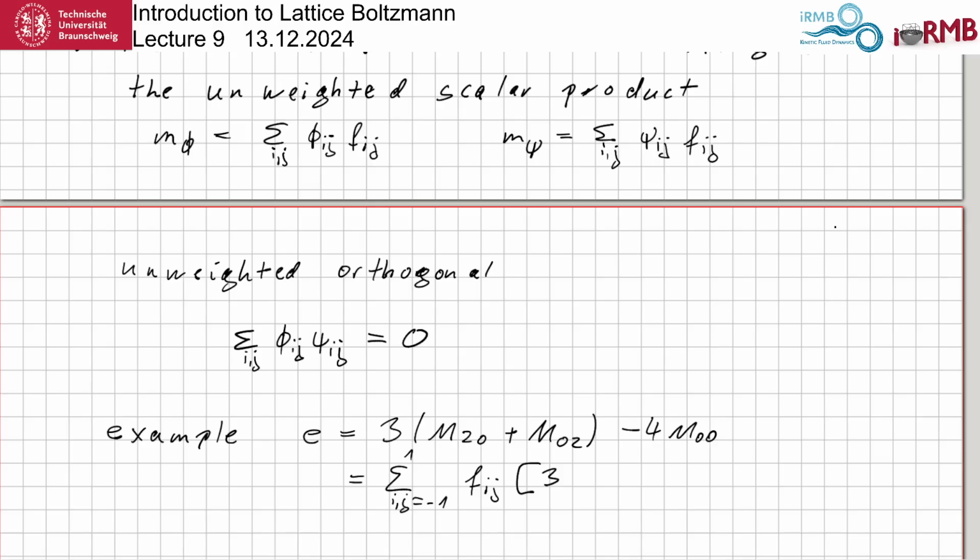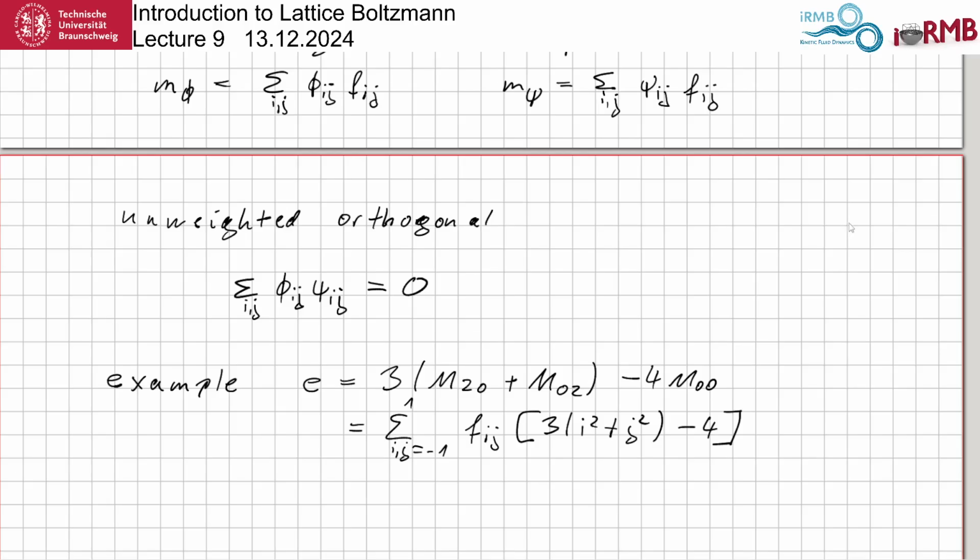The kernels are here: for this it is i squared plus j squared, and the kernel for M00 is 1, so this will be just 4. So phi ij in this kernel would be 3 times i squared plus j squared minus 4.